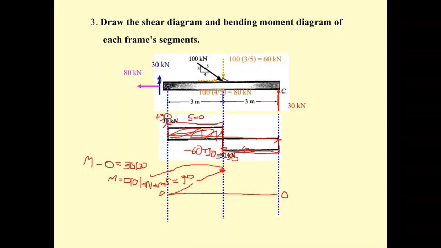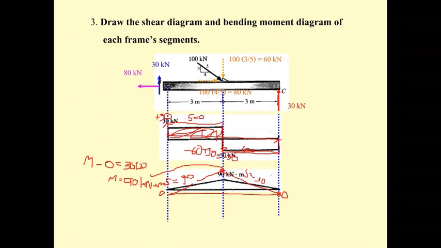The shear changes from plus 30 to minus 30, which means we will have the shear here equal to minus 30. Then also the moment here is 0, so you just draw a line close to here. So this is going to be the triangle shape of the 90.